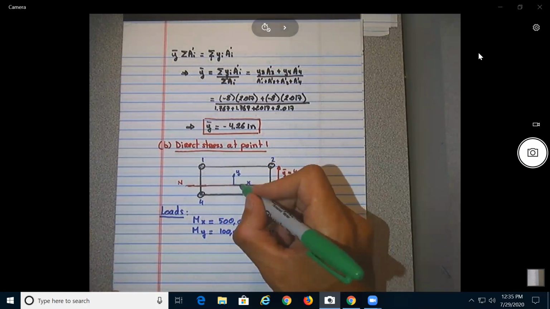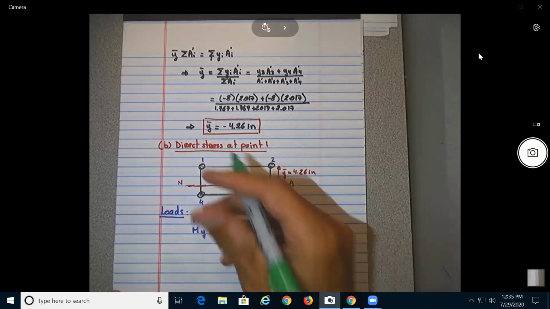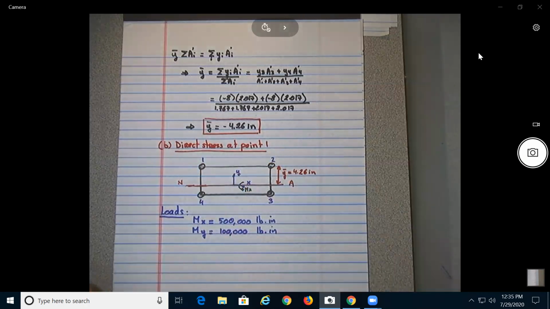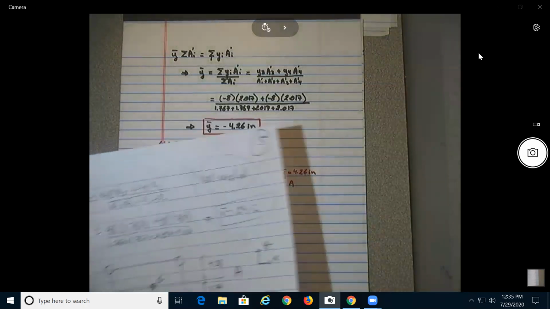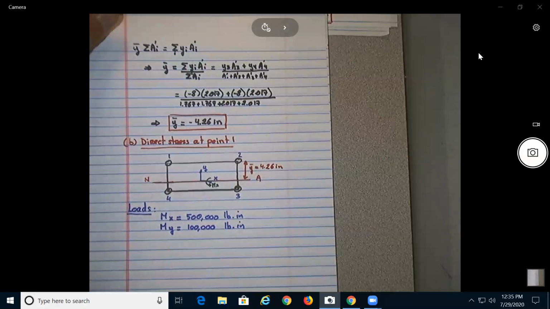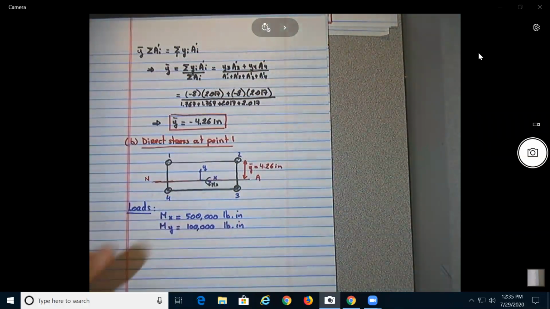Should be coming out, so mx should be bending this way, no?